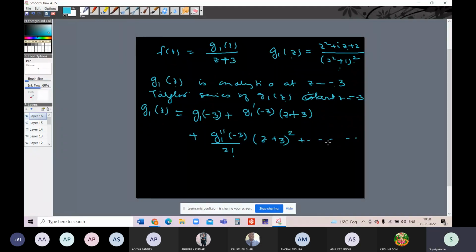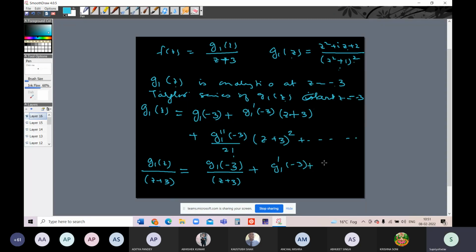Next, g1(-3) is a non-zero quantity, you know that. When g1(z) is divided by z plus 3, it will give us g1(-3) divided by z plus 3, plus g1'(-3)(z plus 3) divided by z plus 3, which will be g1'(-3).